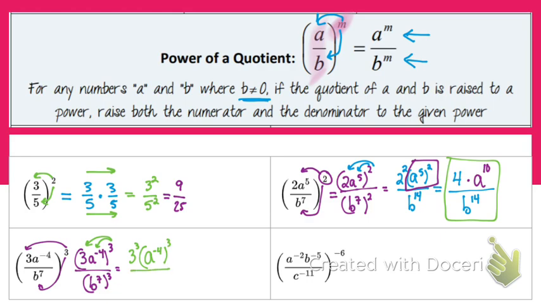In the denominator, I just have a power to a power where I keep the same base and I multiply the exponents. In the numerator, I've got 3 cubed, which is 27, and then I've got a to the negative 4th cubed. That's a power to a power again, so I'm going to do negative 4 times 3 and get a to the negative 12th.